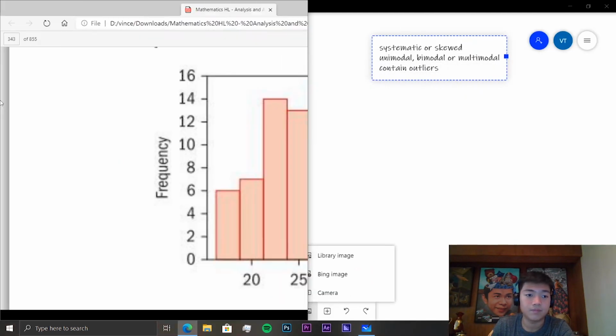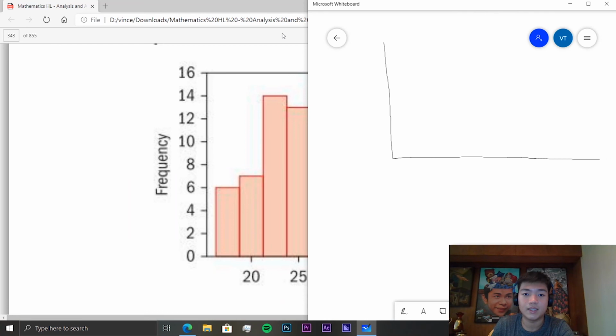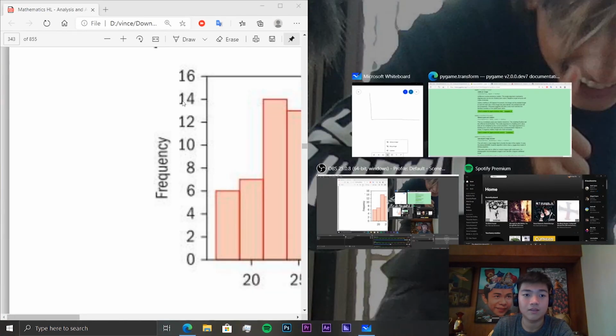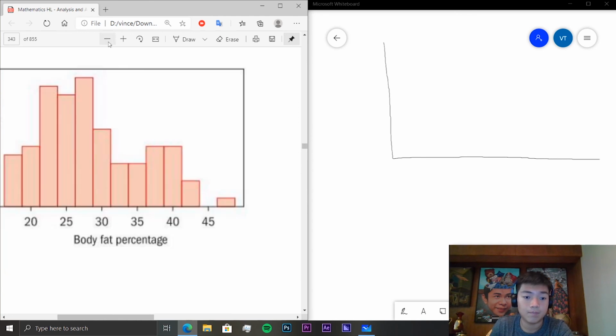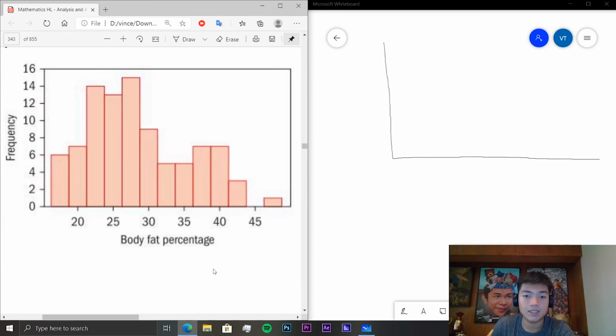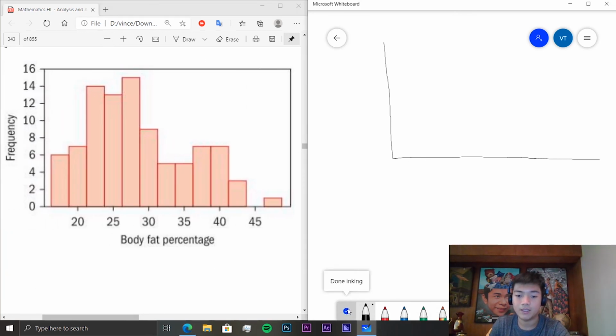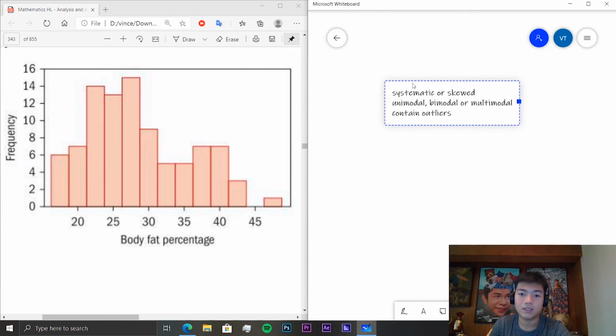So this is the first graph. And we need to just determine if this graph is symmetric or skewed, unimodal, bimodal, or multimodal, and if it contains outliers. So, is it symmetric or skewed?